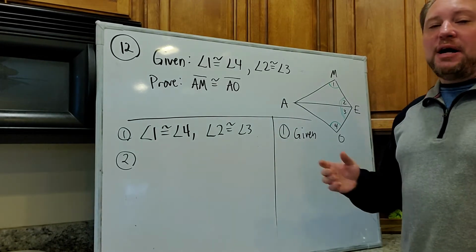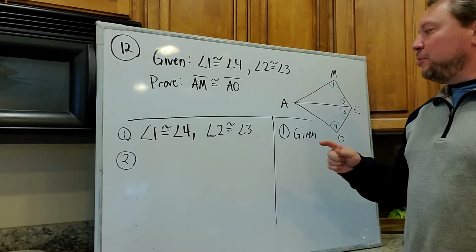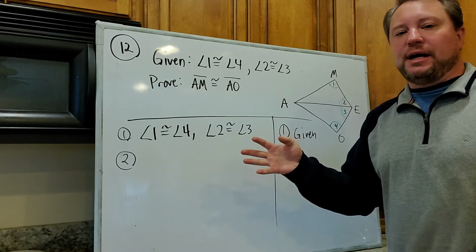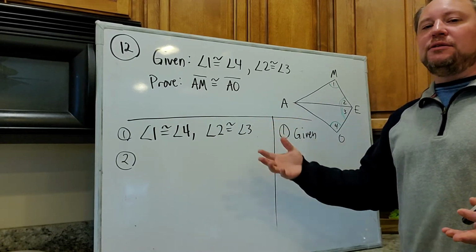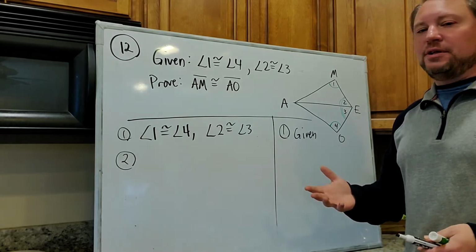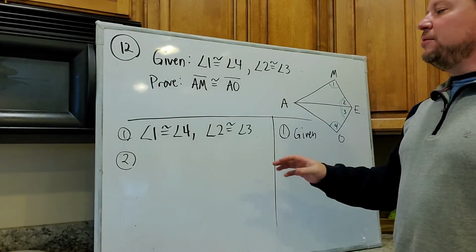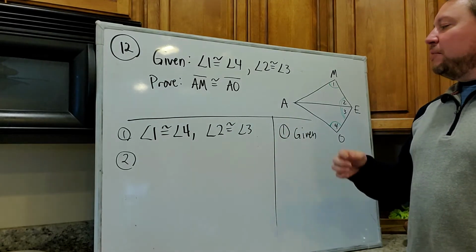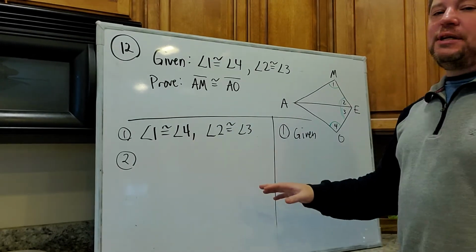They might even state it a different way and say that a point's right in the middle, a midpoint. Midpoints will split it up into 2 equal halves. So again, that would lead to a step where you would say that 2 segments are congruent using the definition of midpoint. So there's different things I could give you here that would lead to other steps. But in this case, none of these givens lead to anything.